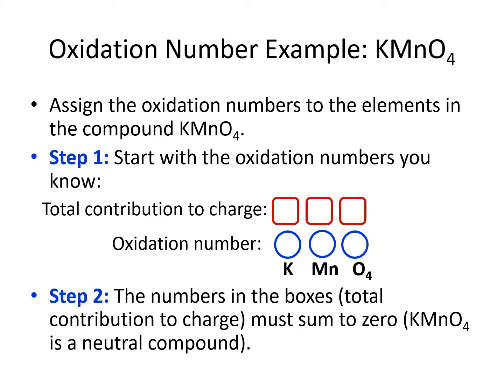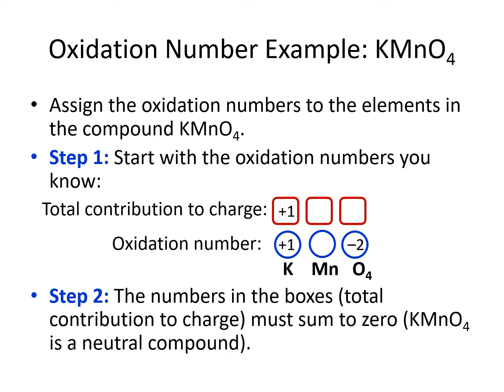In this compound, we have potassium, which is in group 1A, so it's going to have a +1 for its oxidation number. There's only one potassium, so its total contribution to charge is a +1. Next, we have oxygen a little further down on our list, and its oxidation number is typically going to be a -2.